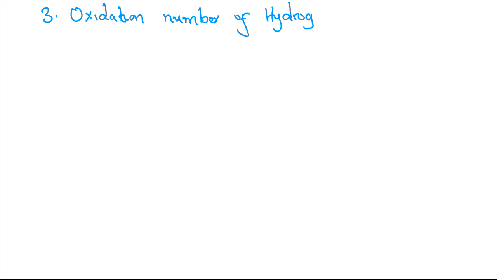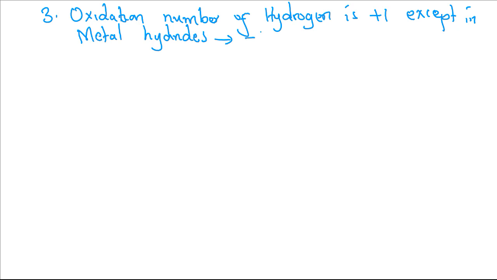Rule number 3. The oxidation number of hydrogen is +1 except in metal hydrides where it is -1.